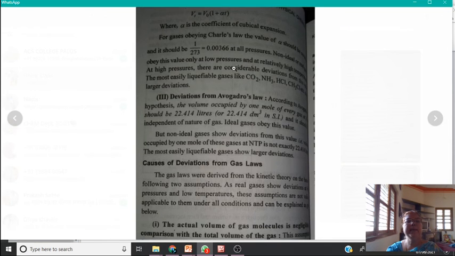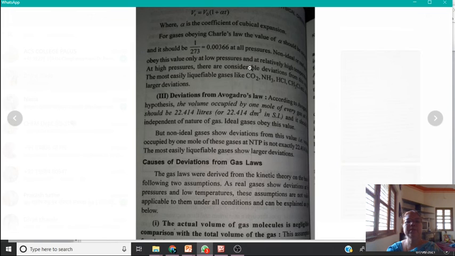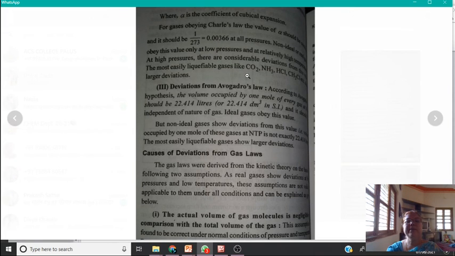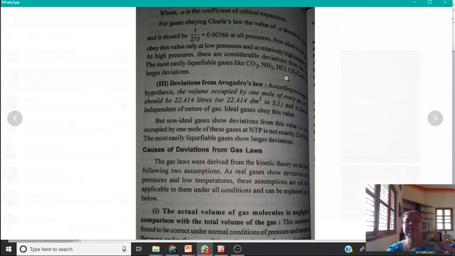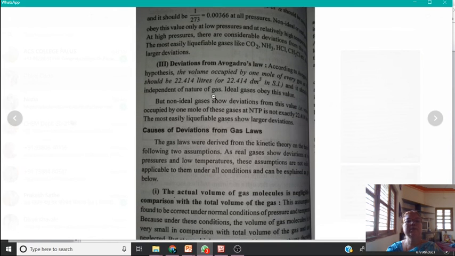Non-ideal or real gases obey this value only at low pressure and at relatively high temperature. At high pressure, there are considerable deviations from this value. The most easily liquefiable gases like CO2, NH3, HCl, CH3Cl, etc. show large deviations.